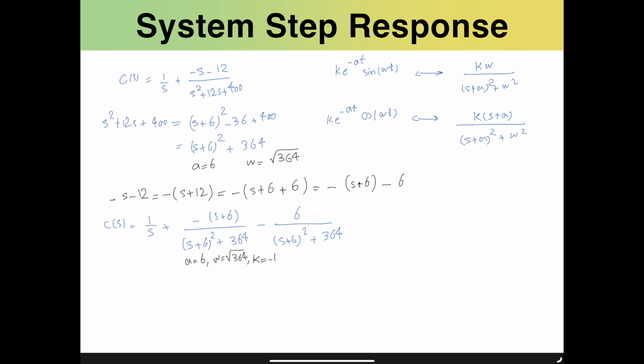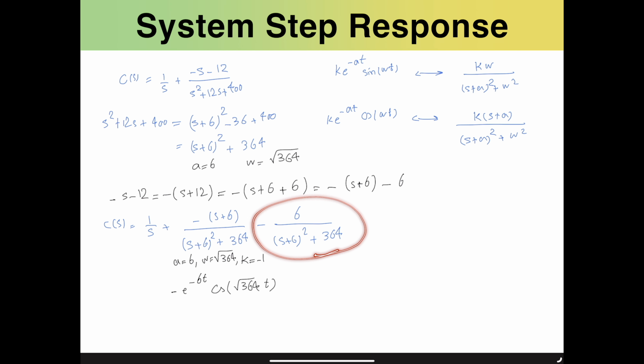In that case, these two terms are very similar to each other. I'm going to convert it back to the time domain using this equation, which gives minus e to the minus 6t cos of the square root of 364 t.